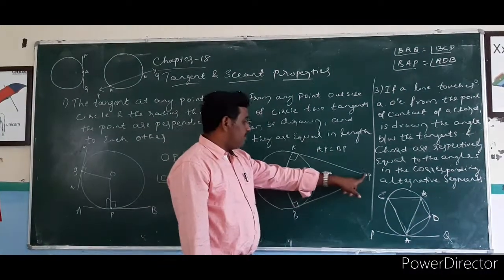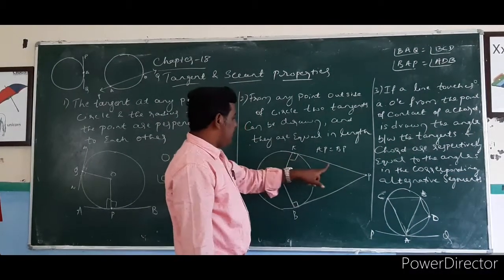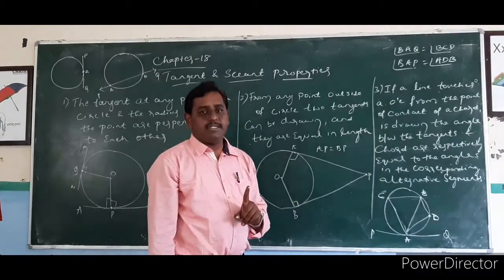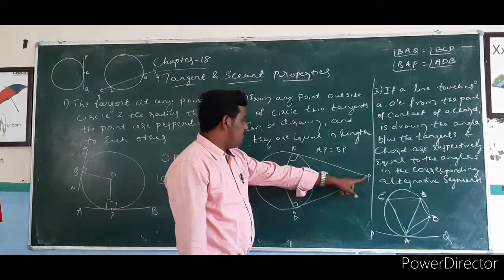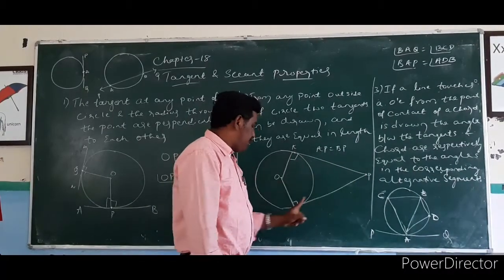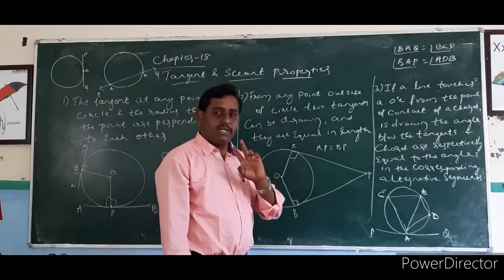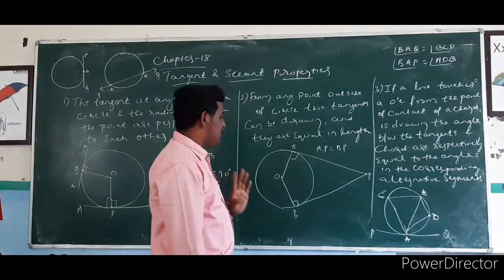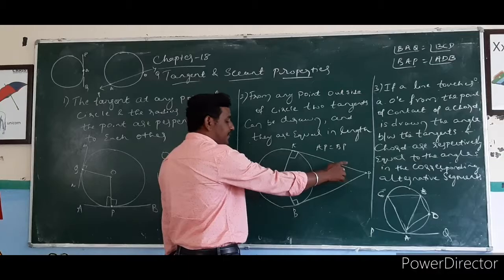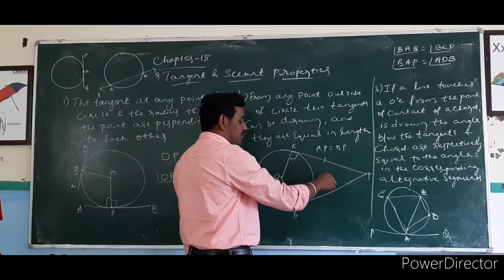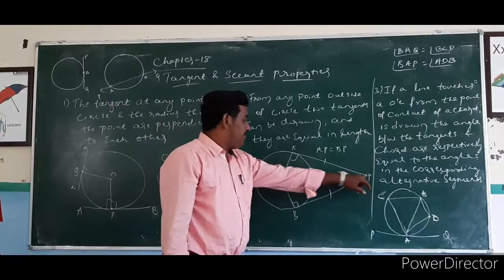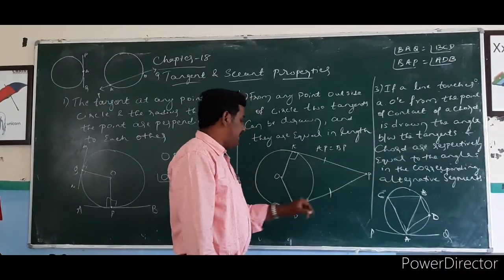From P, PA is one tangent and PB is the second tangent. Only two tangents can be drawn from an external point of a circle. If you draw two tangents, the two tangents are equal in length. That means PA is equal to PB.